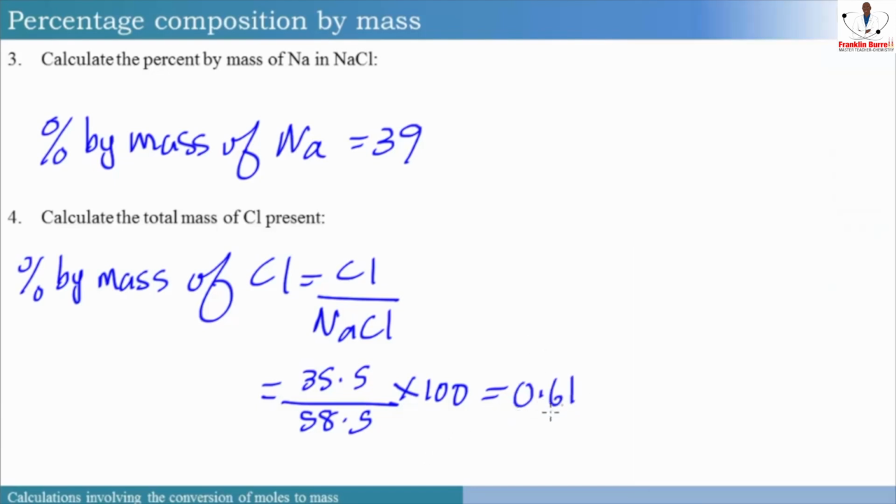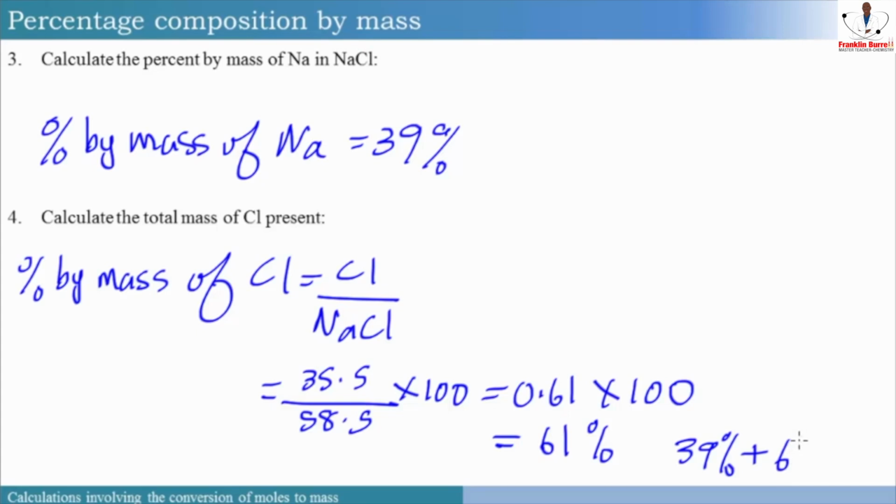So 0.61 times 100 would be equal to 61%. Now remember we got 39% for sodium. So if percentage by mass is out of 100, 39% plus 61% should equal 100%. As you can see here, 61 plus 39 is equal to 100%.